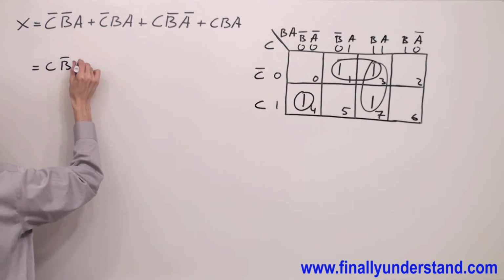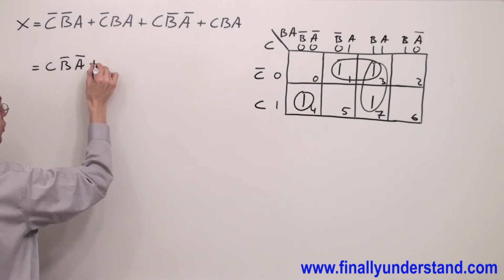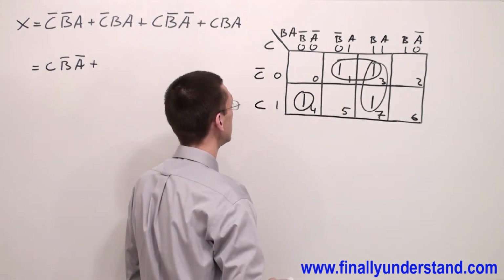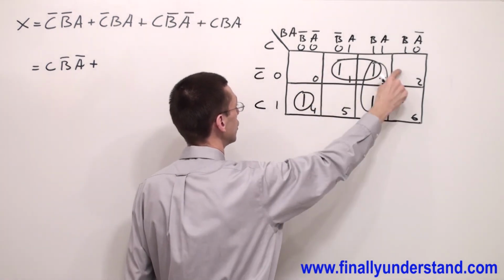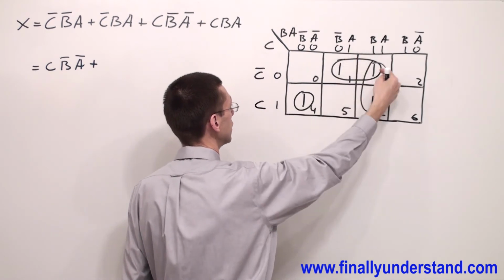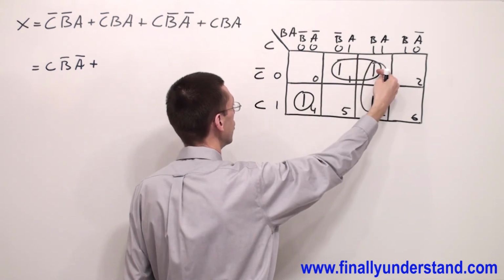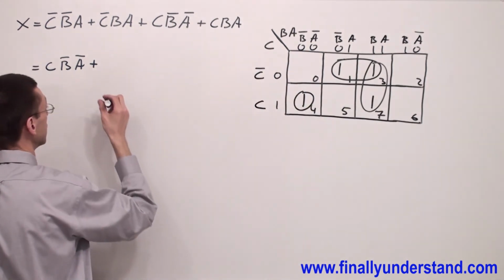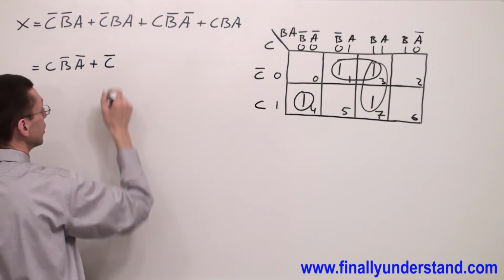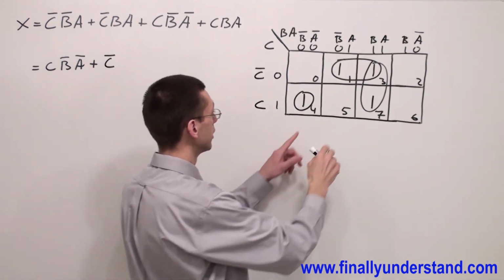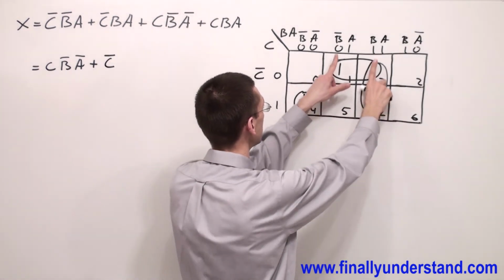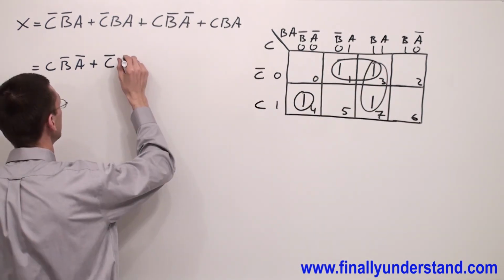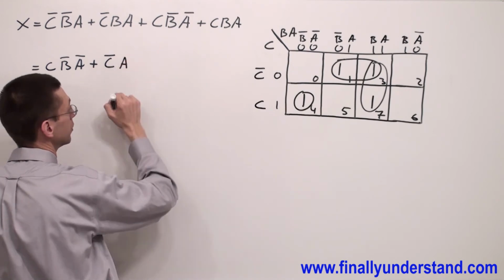This group is placed in one row and two columns. Anytime we have group placed in one row, I simply copy down everything whatever is on the side of the row. So I have C naught, and check what is the common variable for these two columns. I have A. That's why I'm going to write A over here.